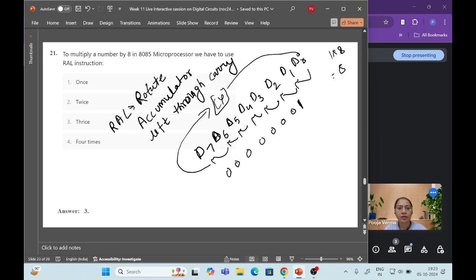For simplicity, I have taken the content of the accumulator as 1 and multiplied it by 8, so 8 will be stored.